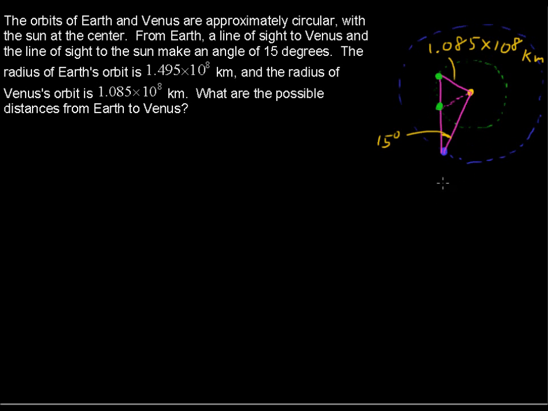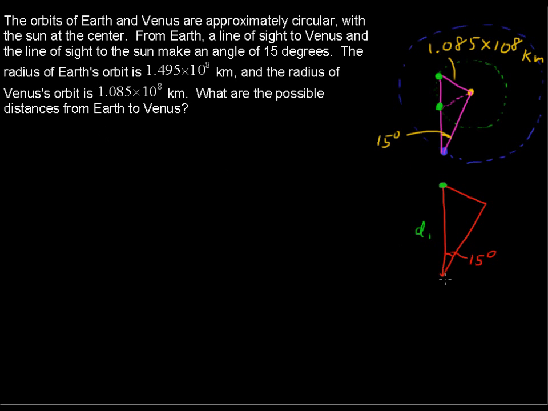Okay, so what we've got is this large triangle, and I'm just going to draw it down here a little bit bigger. It looks a little bit like this. And you've got this 1.085 and 15 degrees still. And what we want to find is this distance now. I'll call it d sub 1 between Venus and Earth.